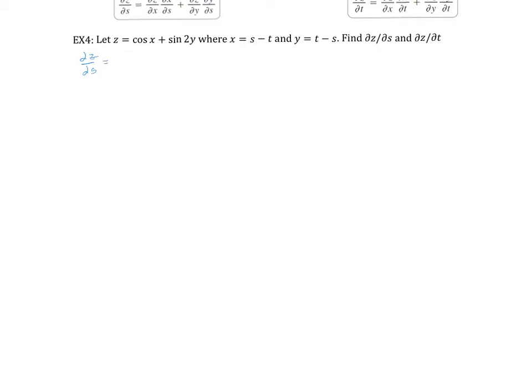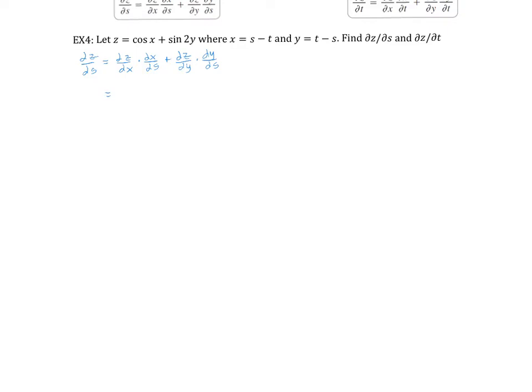It follows that model. We're going to have the partial derivative of z with respect to x times the partial derivative of x with respect to s, plus the partial of z with respect to y times the partial derivative of y with respect to s.